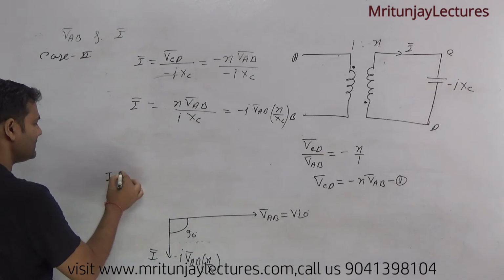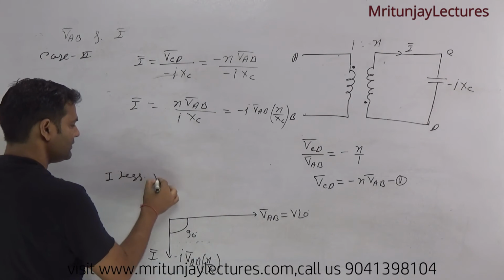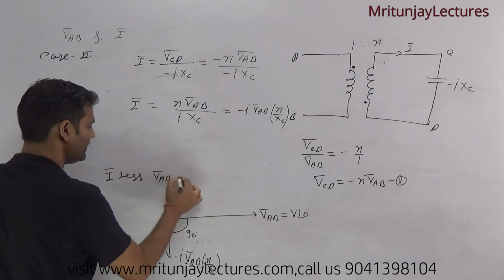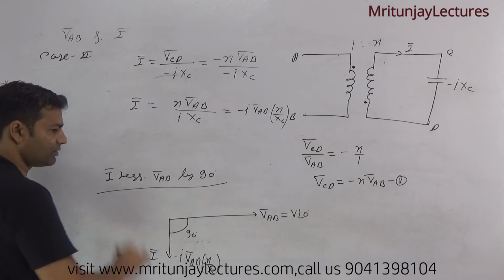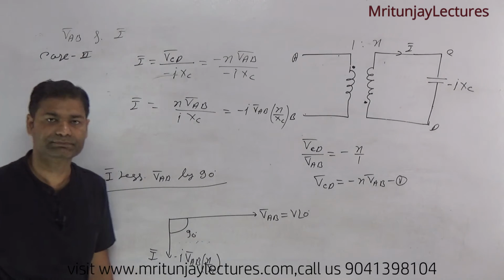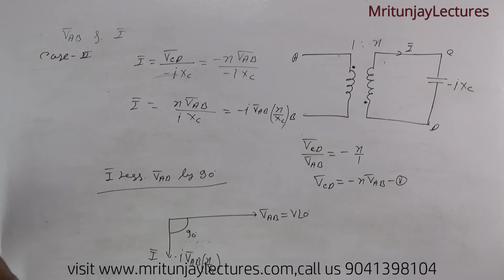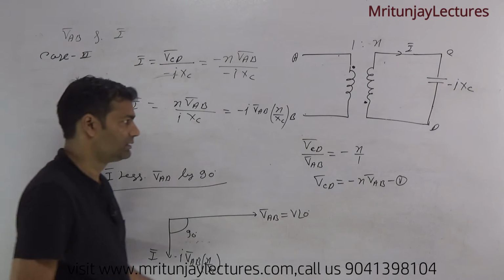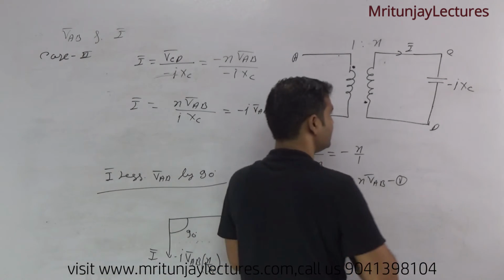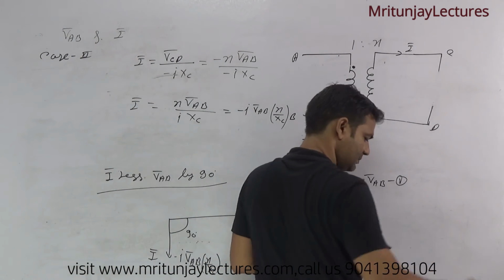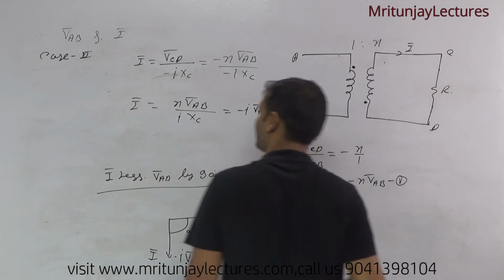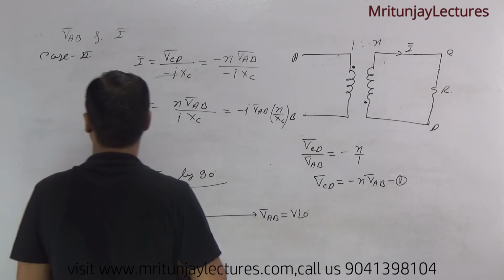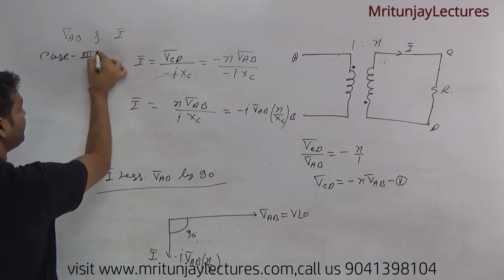So I lags V of AB by how much angle? 90 degrees. Clear? So this is the correct option. After that we have considered another case. Suppose that in this case this one is the resistance R, pure resistance. That is case third.